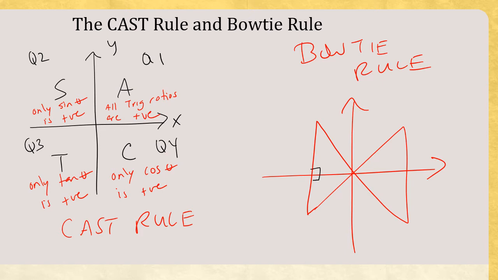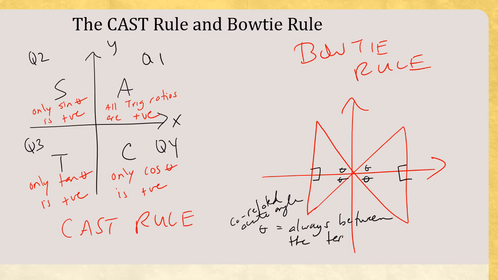Those are 90s, and those are 90s, and there's all of our related acute angles. And that angle theta is always between the terminal arm and the x-axis. That related acute angle is always between the terminal arm and the x-axis.